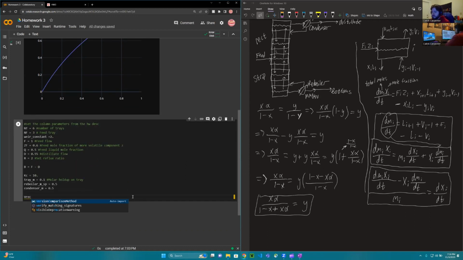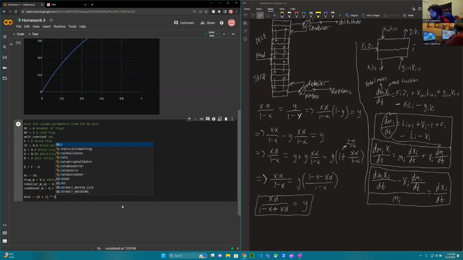So next we are going to set our vapor in the rectifying section, and that's going to be equal to R plus 1 in parentheses times our distillate.